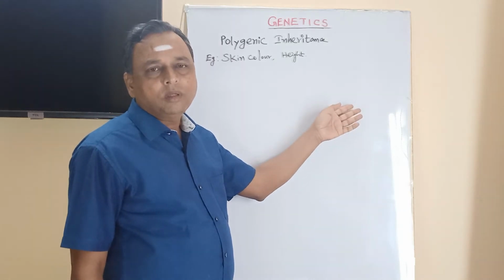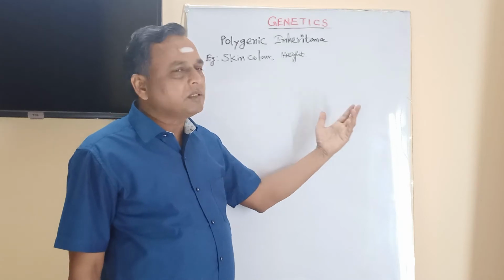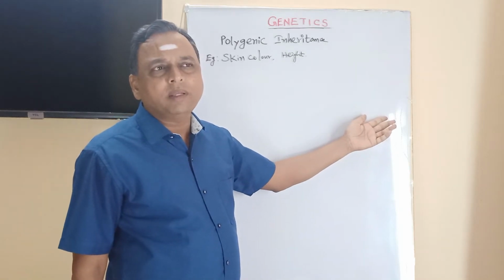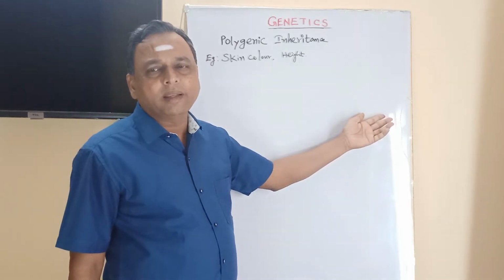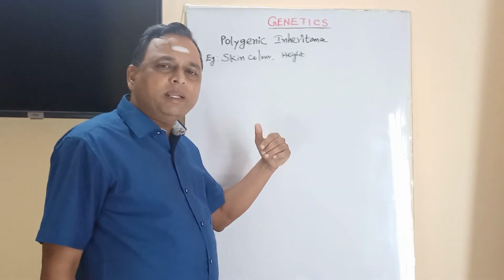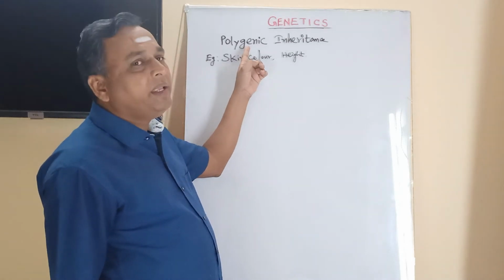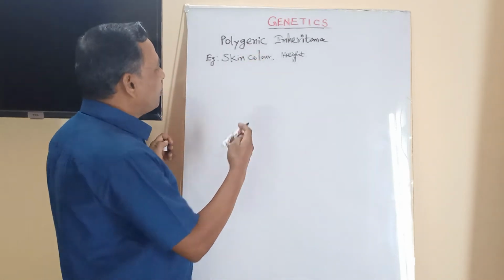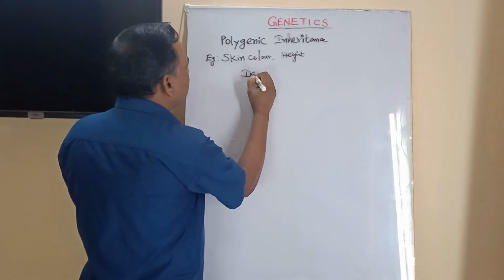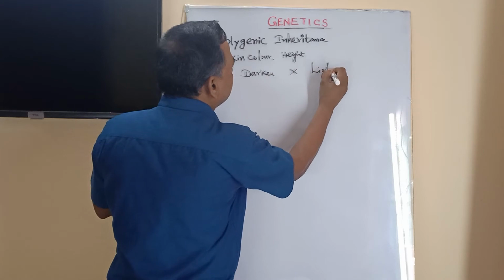That is, like the African type of black as well as the complete white of an Englishman or American type. Not like that. There are so many shades of color. So that is controlled by many genes. For example, there is a darker as well as a lighter color.